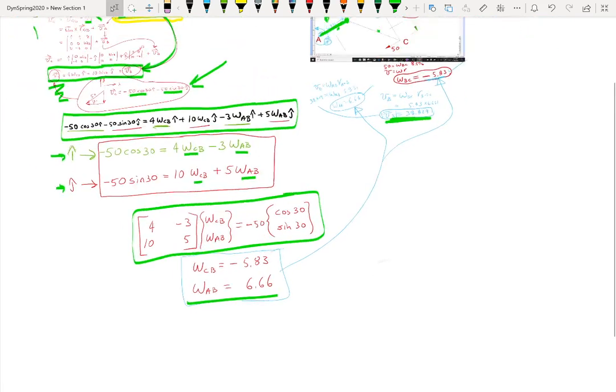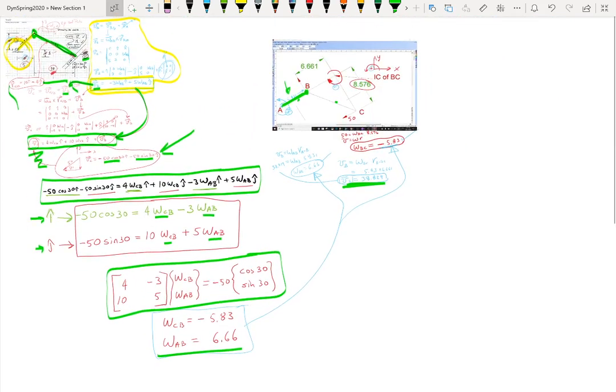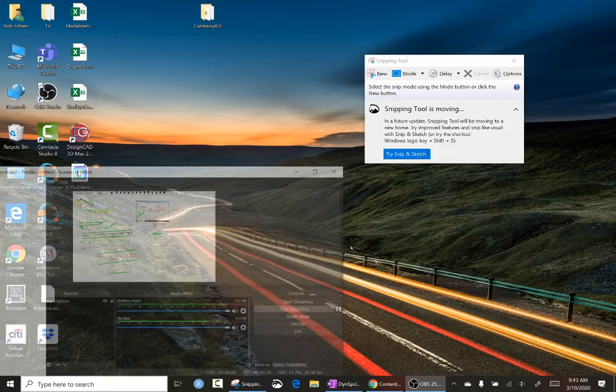Now, unfortunately for accelerations, you can't use instant centers. So let's proceed now to making another page, taking the data we have and moving in and doing accelerations. So I'm going to take a quick pause and I'll come right back to you.